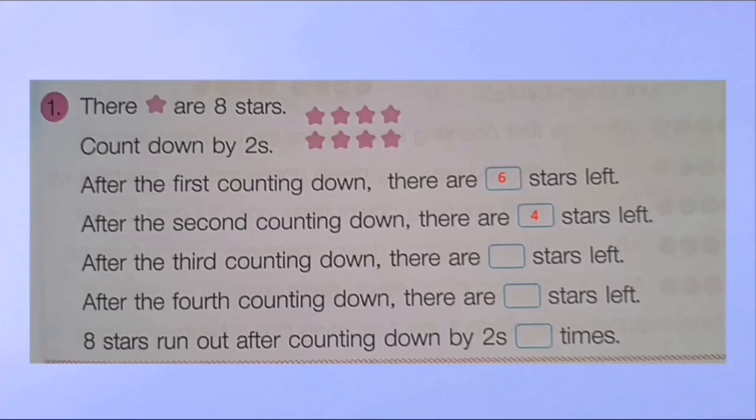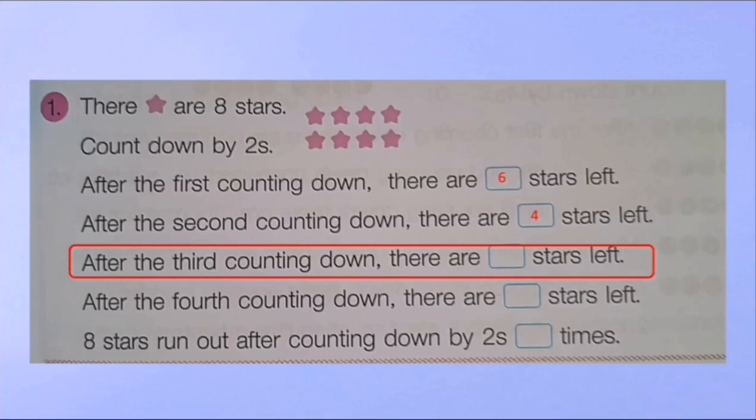Now let's go to the third sentence. After the third counting down, there are blank stars left. So let's count by twos the third time. So this is our first twos, our second twos, and our third twos.